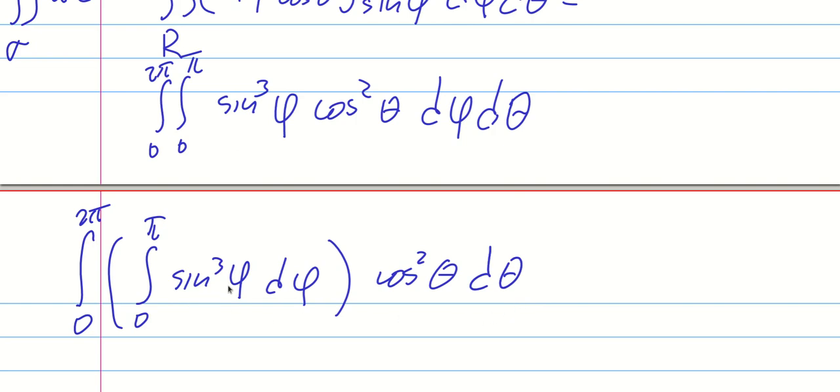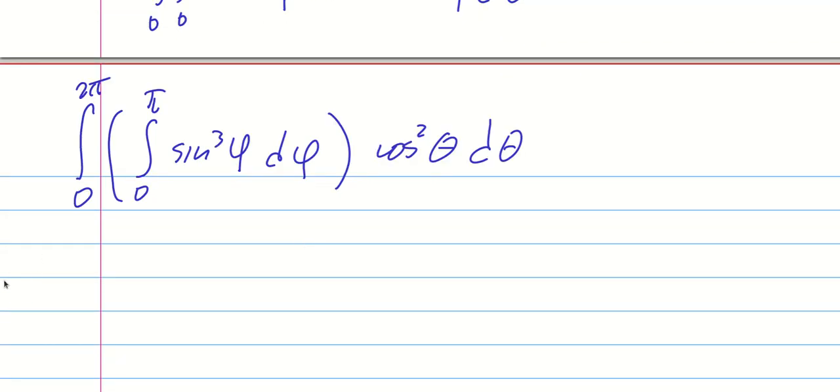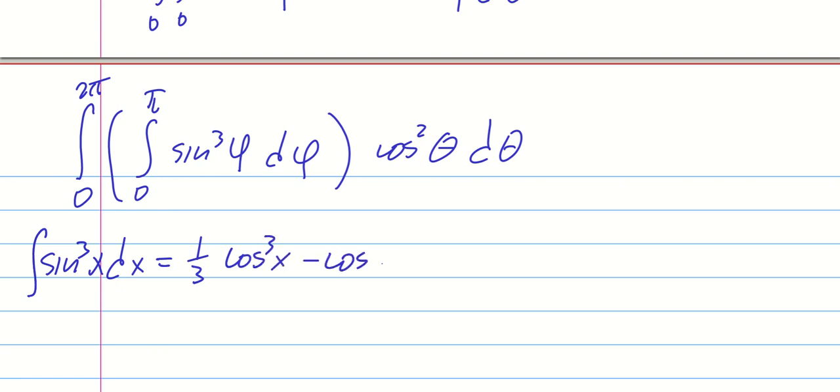So basically what I did, I looked up this integral for sine cubed of x dx, just so I wouldn't spend too much time integrating it. The answer is 1/3 cosine cubed of x minus cosine of x plus c, but you do it by parts.